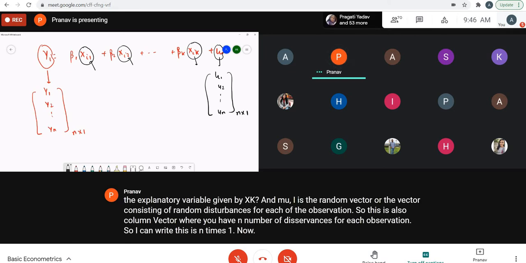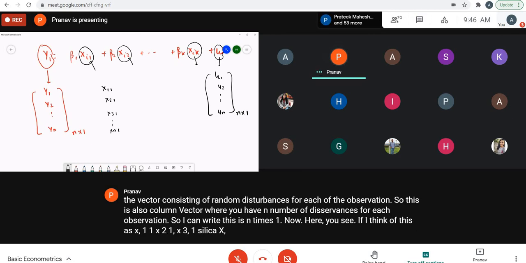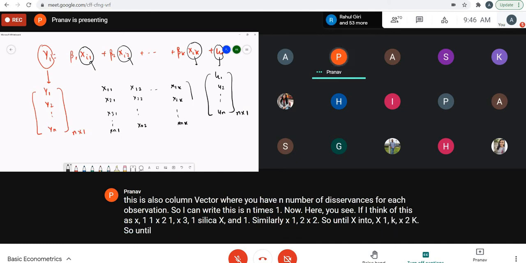Now here you see, if I think of this as x11, x21, x31, till xn1, similarly x12, x22, so on till xn2, x1k, x2k, so on till xnk.